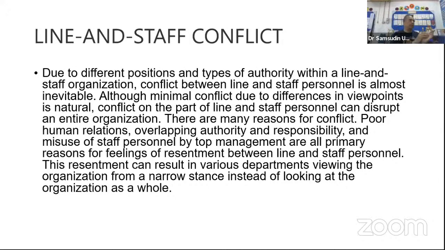So that's why we have many terms in management, such as role conflict, task conflict, and conflict of interest. This comes from unclear understanding about the role and job description of line and staff. We do not understand very clearly about line authority, and we are also not clear about staff authority. Okay, next.